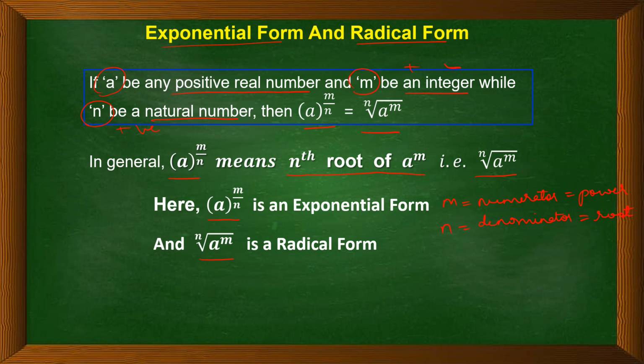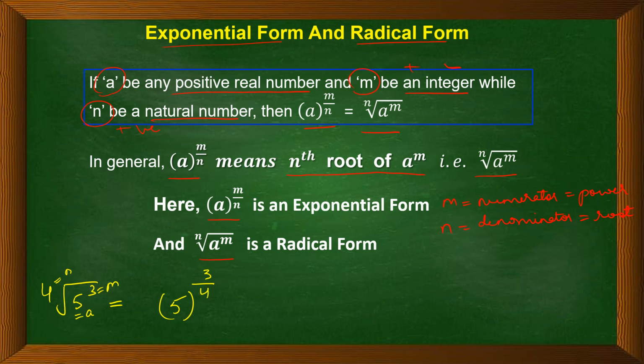Let us take an example. Suppose I have the fourth root of 5 cube. Over here 3 is m, 4 is n, 5 is a. So accordingly, if I have to convert into exponential form, I will say 5 is my base, the power m/n is 3/4.